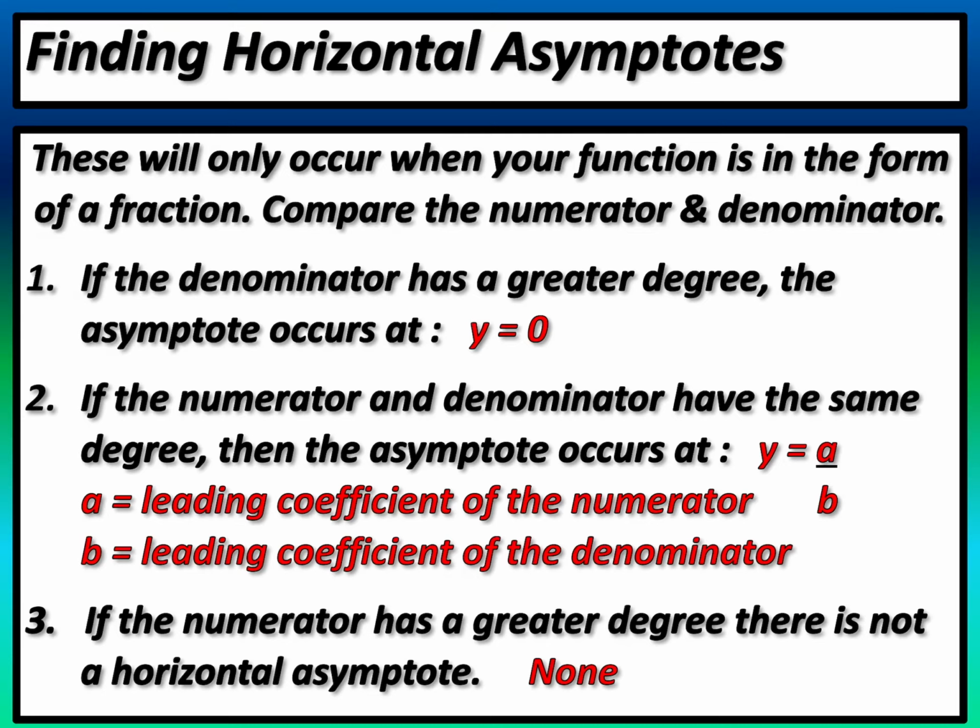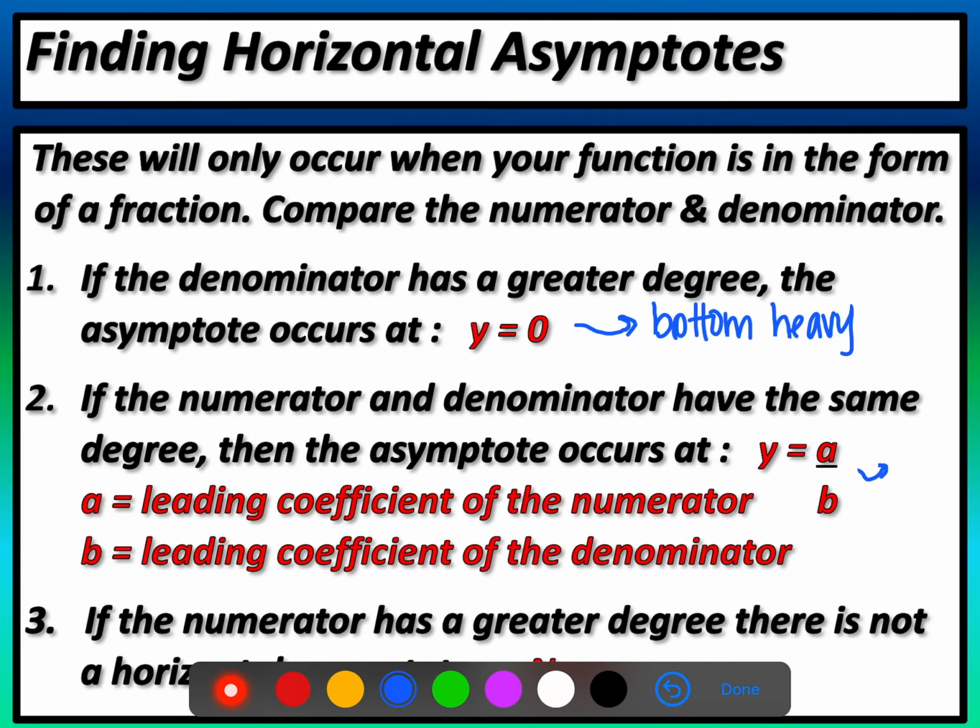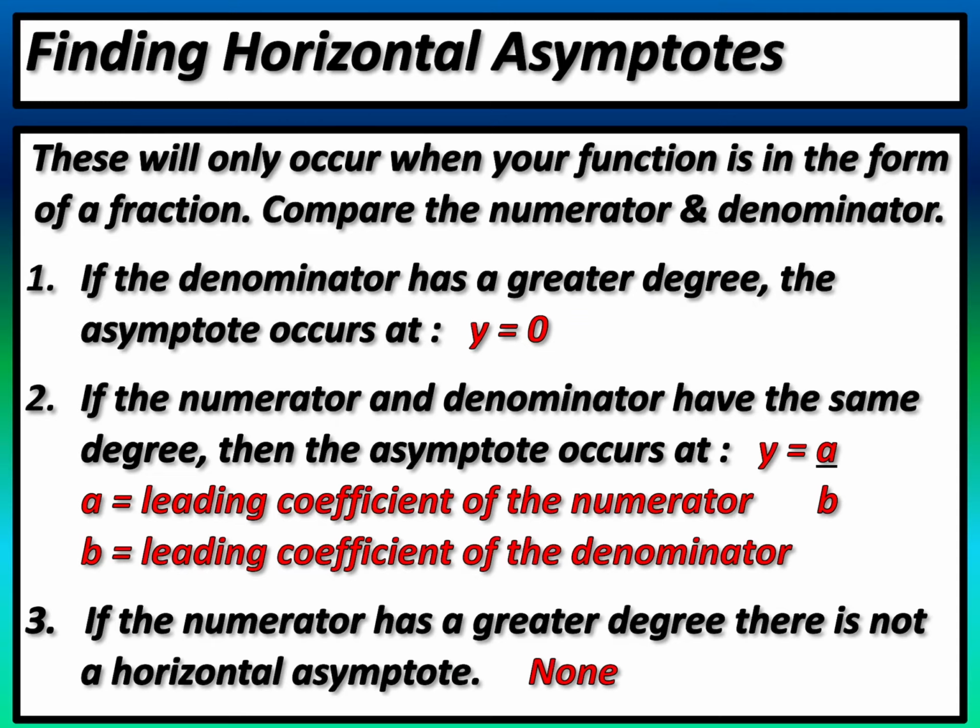When the numerator and the denominator are of equal degree, meaning you have x squared on the top and x squared on the bottom, you're going to take the leading coefficients. So it's y equals a over b, where these are just numbers. Then your final situation is when the numerator has a greater degree.